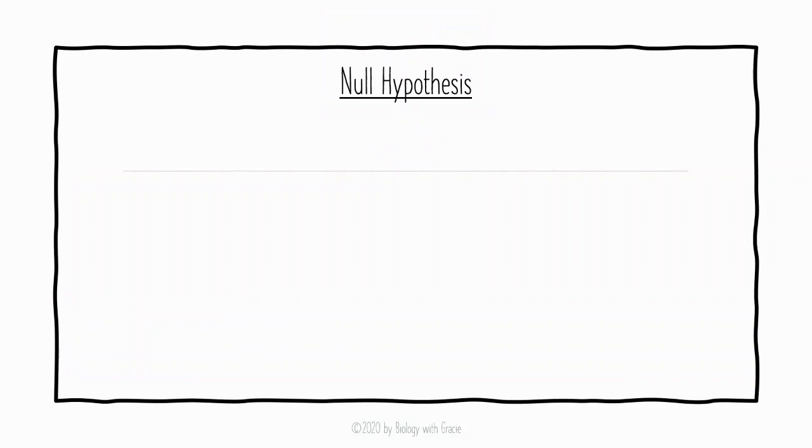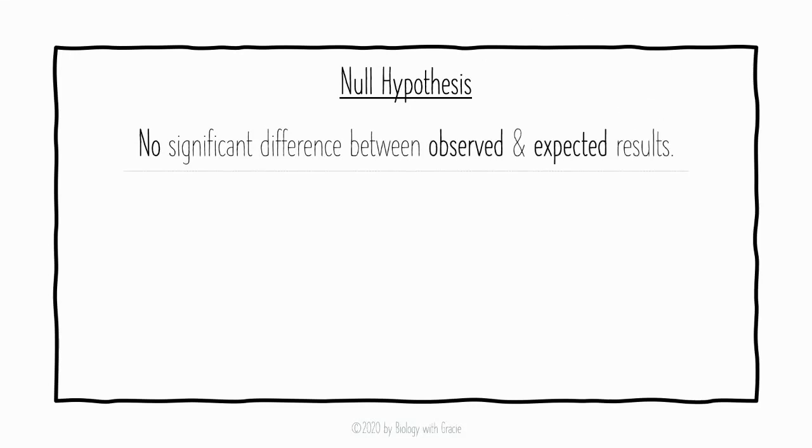So you may have heard of hypothesis, which is basically a prediction you make. And the null hypothesis is an opposite to this. So a null hypothesis states that there's no significant difference between observed and expected results. So this statement is slightly changed to adjust to different scenarios, different experiments, and we will be going through an example where I will state a null hypothesis.